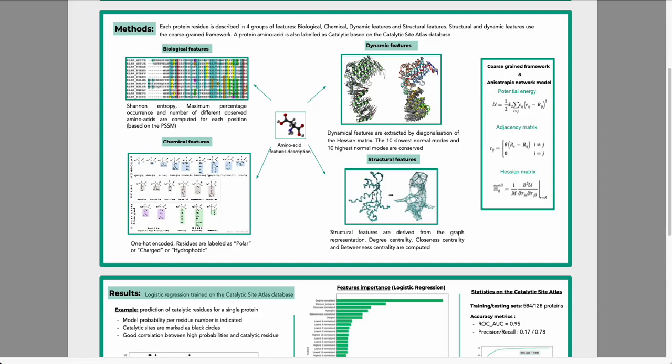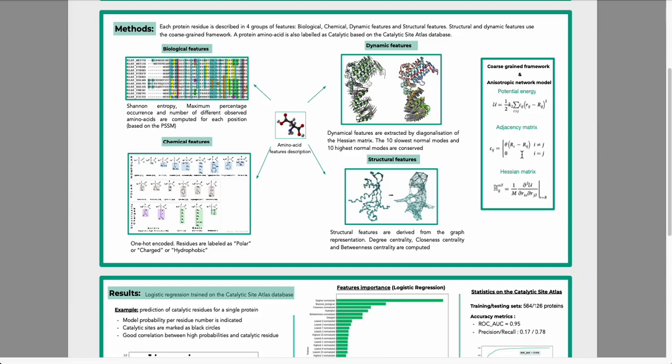Typically, there is a cutoff radius RC, and when the distance is less than this cutoff radius, two amino acids are connected. So this connection of amino acids allows us to describe a protein and map it like a graph. So these are the structural features.